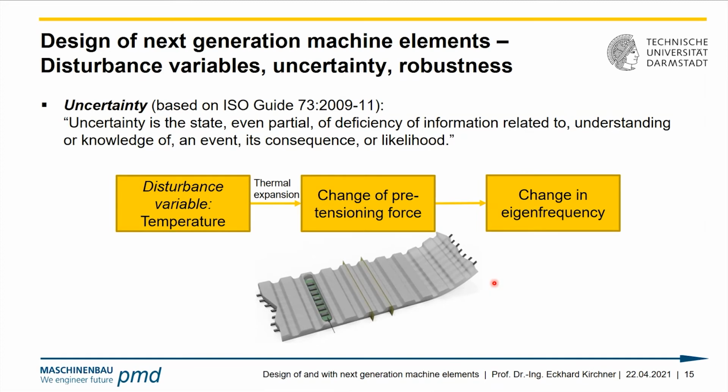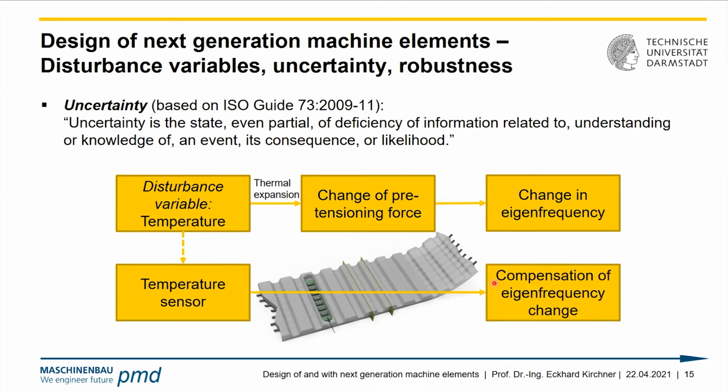So we have different influencing factors on the eigenfrequencies and on this measured signal. Including now the temperature sensor helps us to eliminate at least the effect of the thermal expansion. We can somehow try to compensate the difference in the eigenfrequency due to the thermal condition.